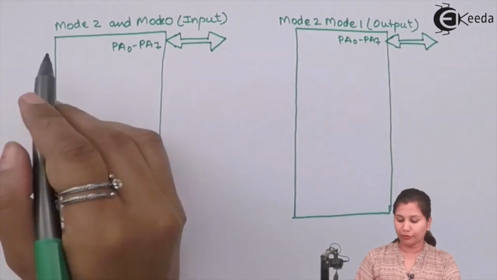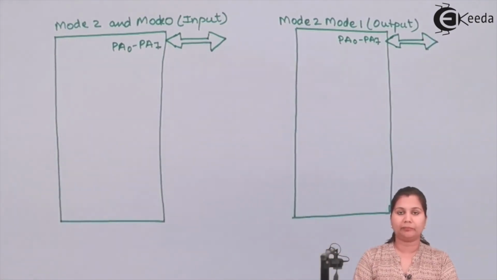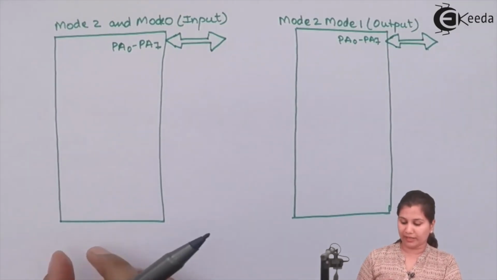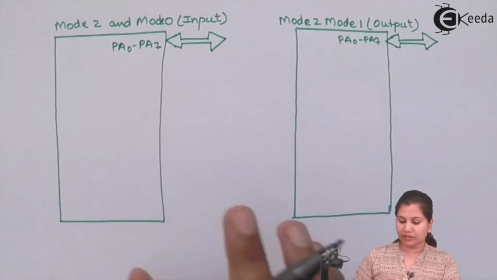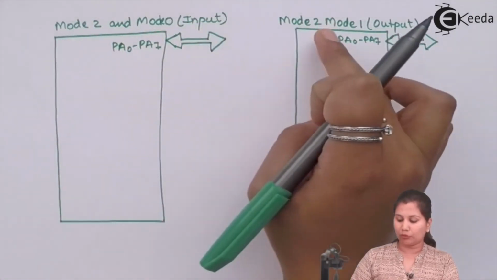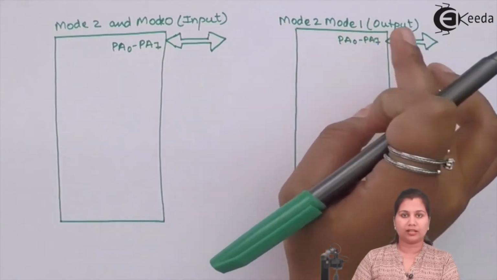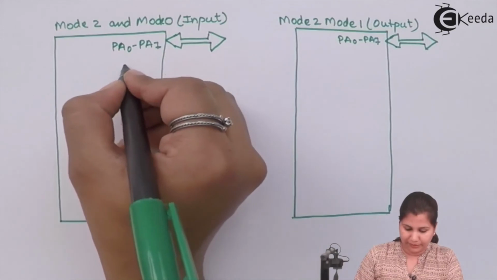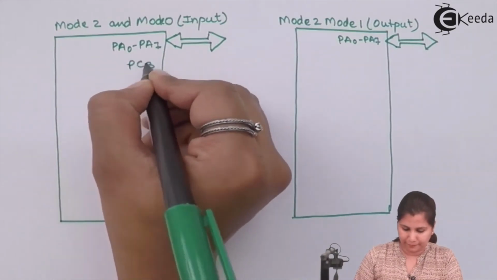Now in mode 2, port B can be either in mode 0 or mode 1. So here we are writing the control signals for mode 2 and mode 0, that is the input mode, and mode 2 and mode 1, which is the output mode. Okay. Now we have PC3.